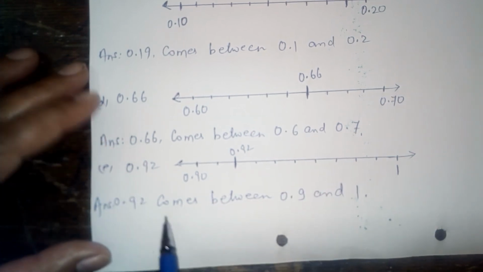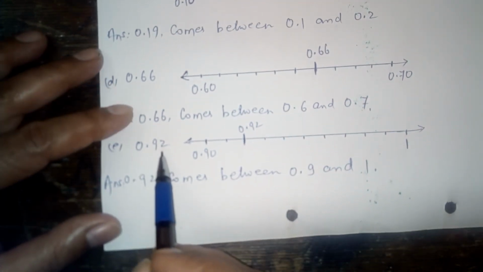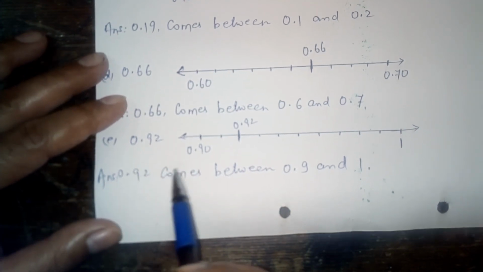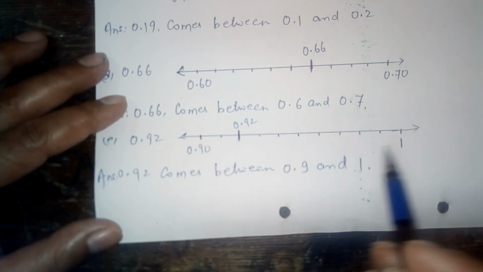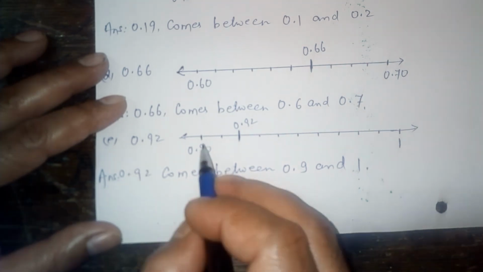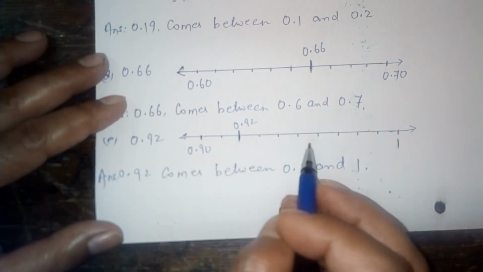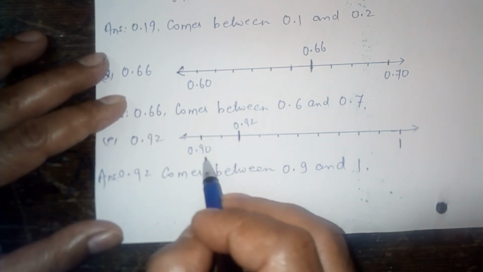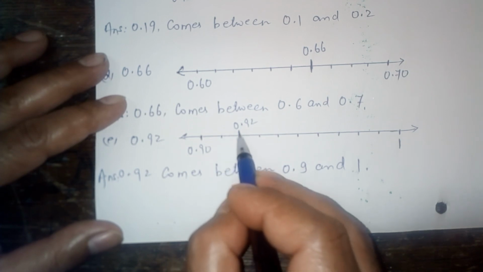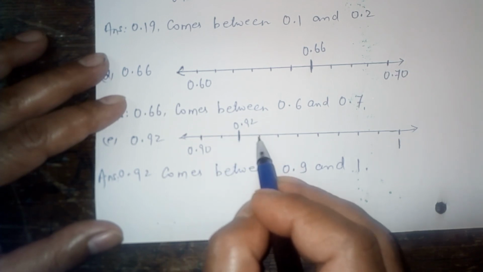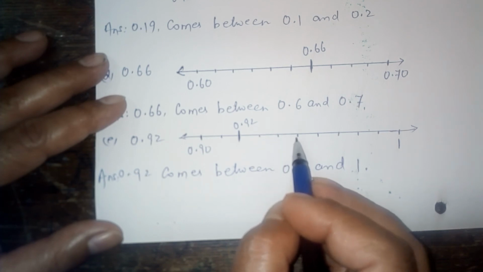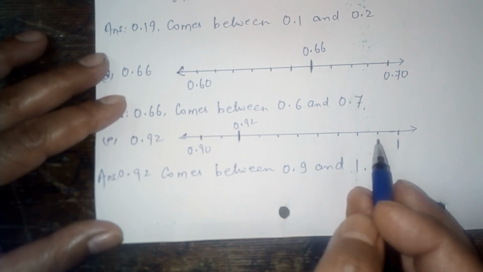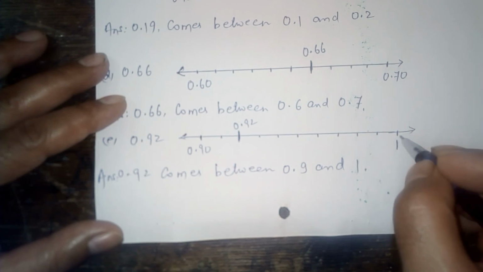My dear student, your next question is: 0.92 comes between which two decimal numbers? We will apply one number line, then we will arrange the given decimal number on the number line. This is 0.90, then 0.91, this is 0.92, 0.93, 0.94, 0.95, 0.96, 0.97, 0.98, 0.99, and then this is 1.